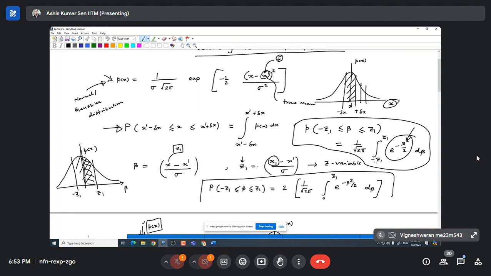That is becoming your Z1. Similarly, when x becomes x prime minus delta x, this will become minus delta x by sigma, which is signified as minus Z1. So a particular value of x minus x prime is basically delta x, whether it is plus delta x or minus delta x. When it is plus delta x, it is Z1. When it is minus delta x, it is minus Z1. That's all. Cool, sir. Got it.